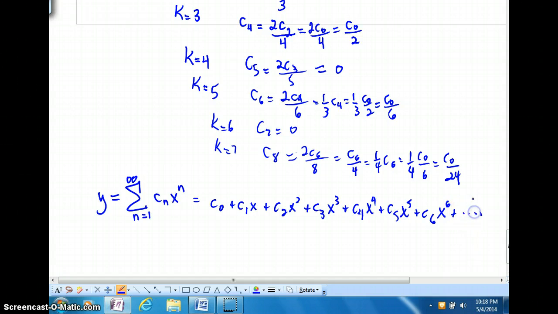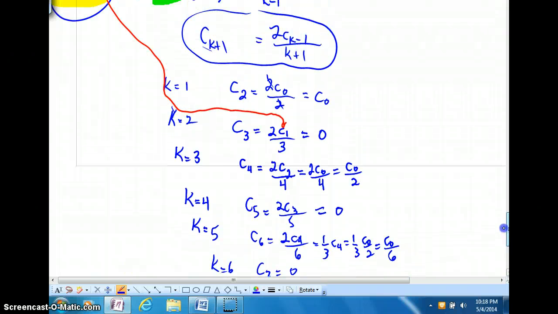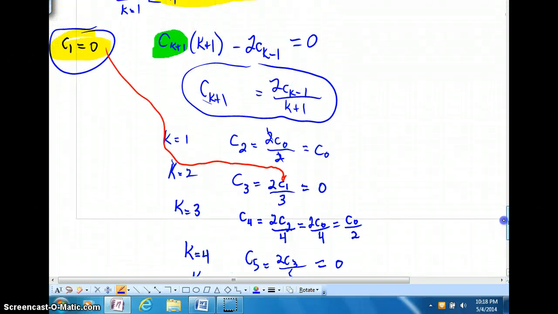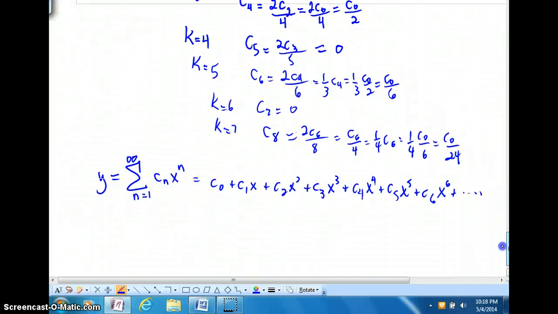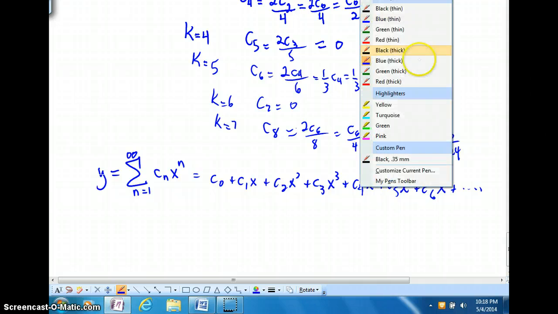This is going on forever. In our particular example, though, as you're looking through this, I hope you notice that c sub 1 was 0, c sub 3 was 0, c sub 5 was 0, c sub 7 was 0. You know what we're really seeing?